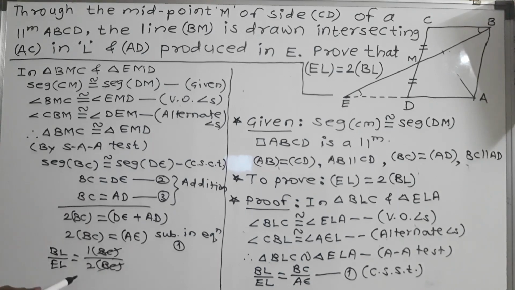Then by cross multiplication, 1 into EL means EL is equal to 2 into BL. This is our to prove. This is our final answer: EL is equal to 2BL.